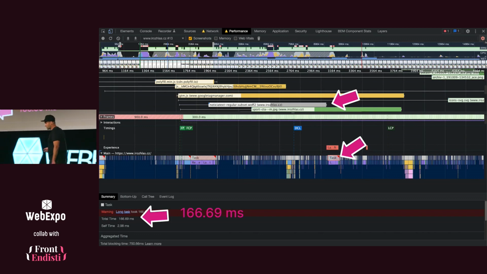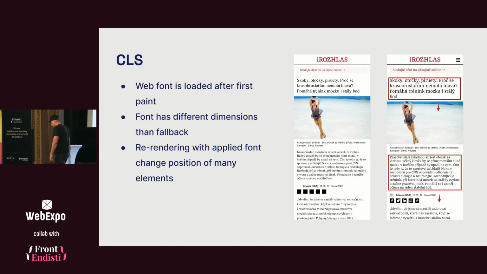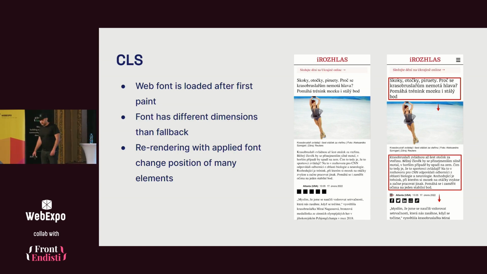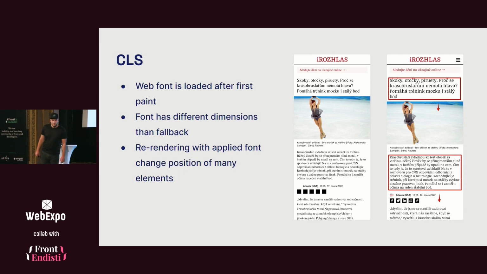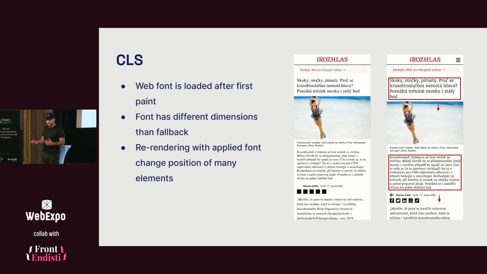So again, it's easy. And CLS, I think that is opposite to first input delay because it's quite usual to ruin this metric. It's only about the sizes. So when your web font has different dimensions than your fallback, browser will calculate again positions or size of many elements, and then the content will move.